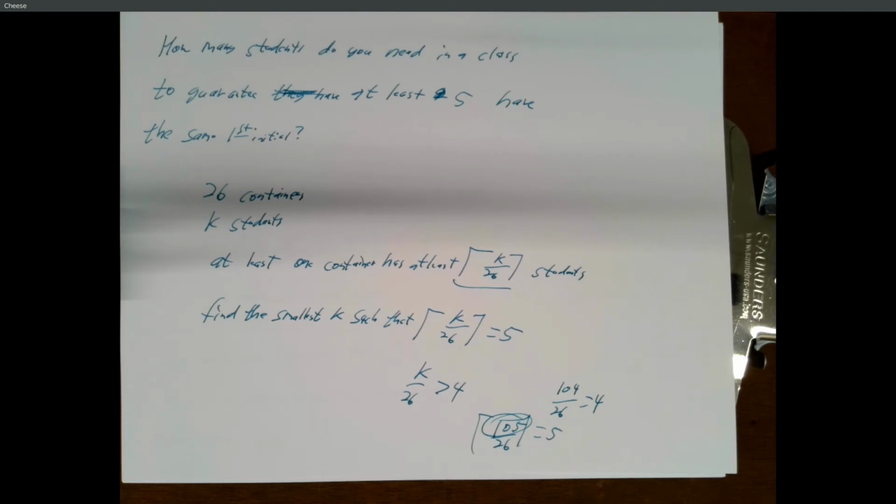Do another 52, you can have 3. Do another 52, and now each student has the same initial as 3 other people. And you've got 104 people in the classroom. And now if you try to add one more person, they're going to have the same initial as somebody else. And everybody shares their initial with 3 other people. So that 105th person will be the initial where you have 5 students with that.